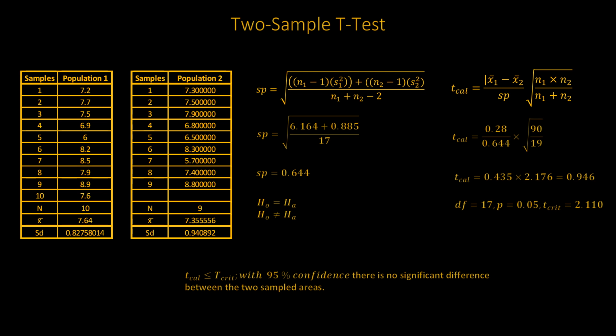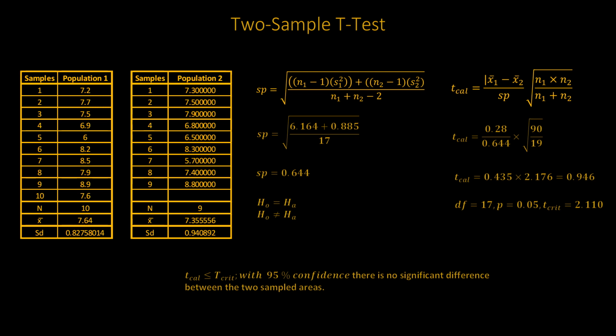We then multiply the resulting value with the results calculated using the number of samples in each set squared. The final result is 0.946. For the table value, the degrees of freedom is shown.